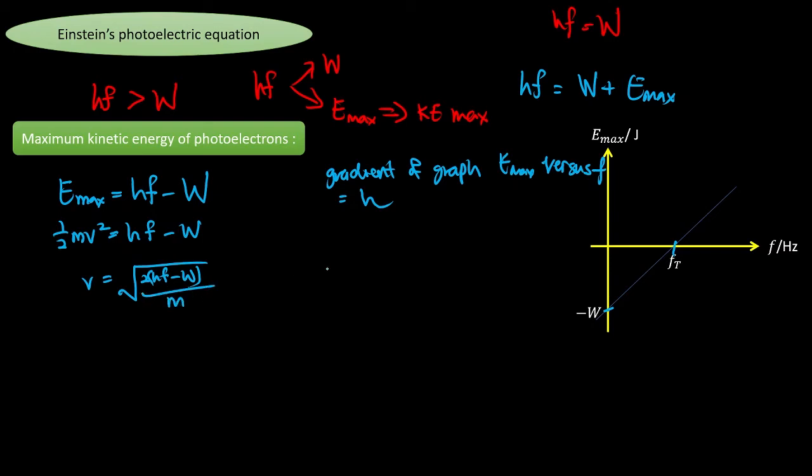In other words, you will have a maximum velocity equal to the square root of 2(hf minus W) over m, or a minimum velocity which is equal to 0. So this is your maximum kinetic energy for the photoelectrons. Okay, that's it.